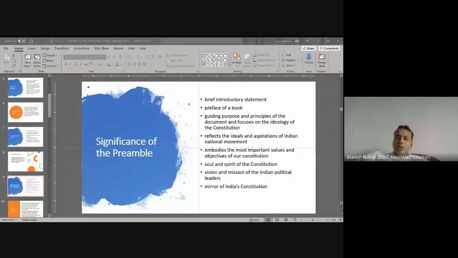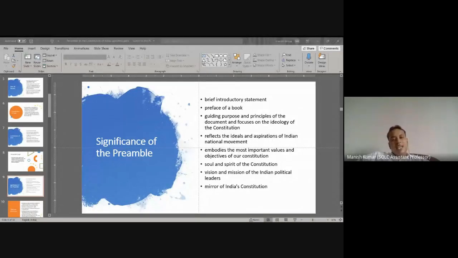The preamble, like those of some modern democratic countries of the world, is a brief introductory statement.